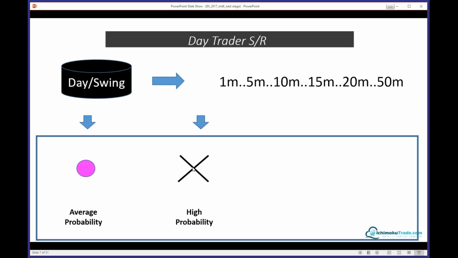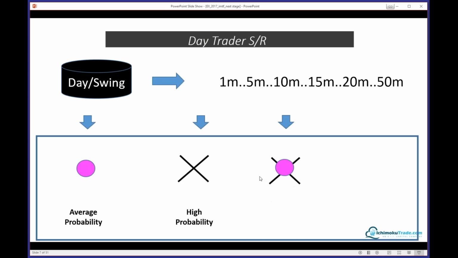You've probably heard, if you trade with higher time frames, you have a high probability of success. Same scenario here. So if you're on a 1 minute or anything up to 50 minutes and you have a cross in a setup zone, then that is a key support resistance level, and that has a high probability of holding.